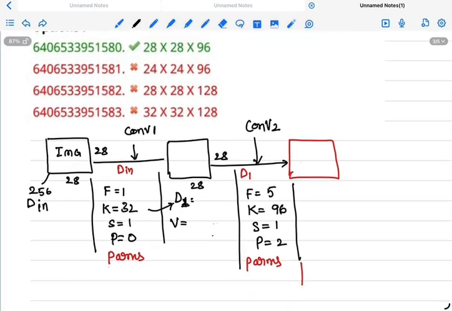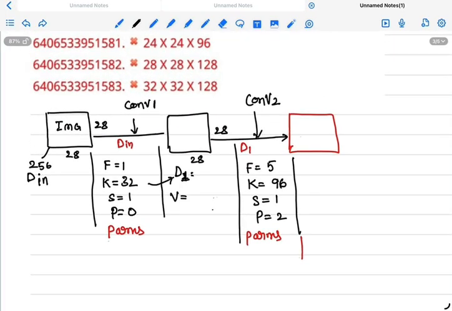So in this question, the input size is 28 cross 28, and 256 is the depth, D input. Up to this convolution layer 1, D input is the depth.